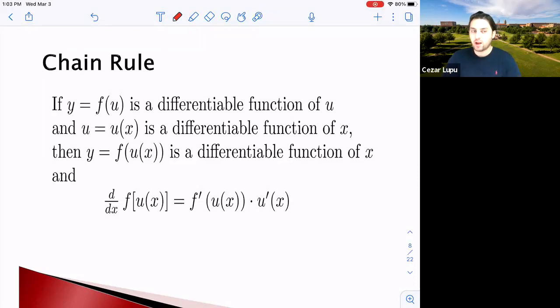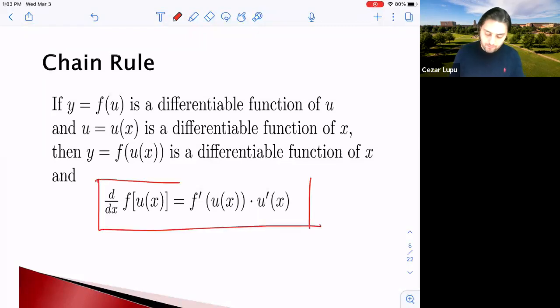So you see you have a composite function. Then y, which will be f of u of x, is a differentiable function of variable x. And by applying the chain rule, you'll have this. So this is the chain rule here.